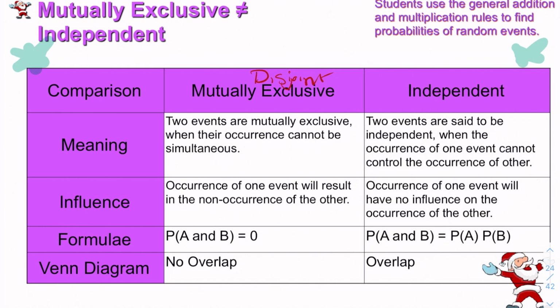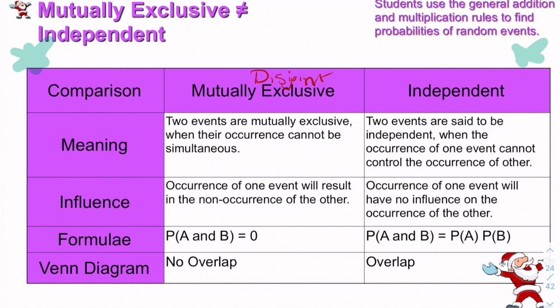If we're talking about influence, occurrence of one event will result in the non-occurrence of the other. You're either in A or you're in B, you cannot be in both. With independence, occurrence of one event will have no influence on the other. Think flip a coin, roll a die. What you get on the coin does not influence what you get on the die because they are independent of each other.